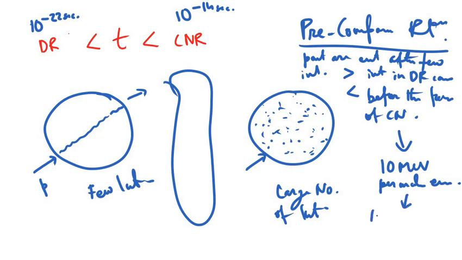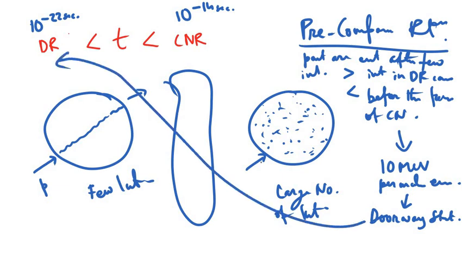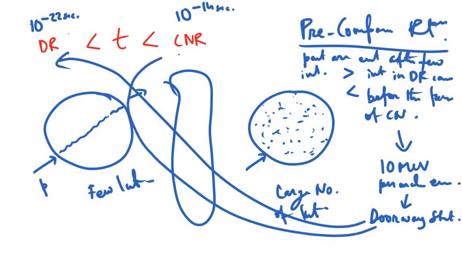Just know this name for the time being, doorway states. That is, states that may lead to either direct reaction or to compound nuclear reaction. So these are doorway states.